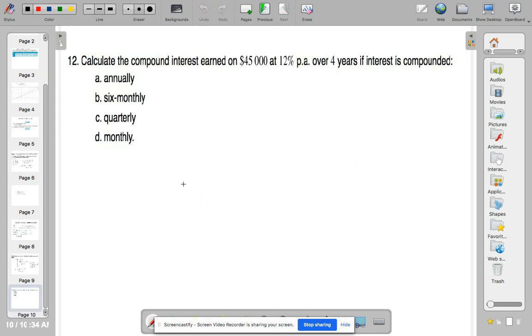In the next question, you've got 4 scenarios. You've got the interest compounding at different time periods: annually, 6 monthly, quarterly, and monthly. You've got the same amount of money at the same interest rate for the same time, and you'll be able to contrast the 4 answers here. So in A, the principal is $45,000, the rate is 0.12, and the time, or N, sorry, is 4 years.